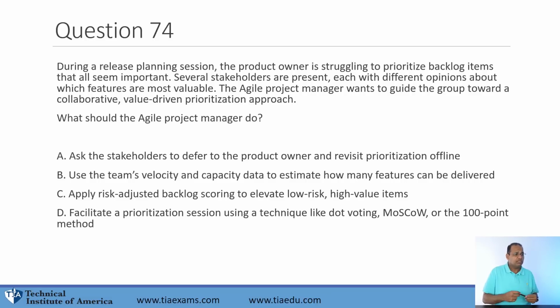Ask the stakeholders to defer to the product owner and reprioritize offline. Use the team velocity and capacity data to estimate how many features can be delivered. Apply a risk-based adjusted backlog scoring to evaluate low-risk, high-value items. Facilitate a prioritization session, like dot voting, MoSCoW, 100 point.